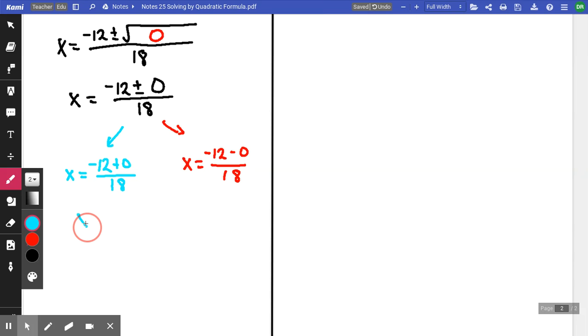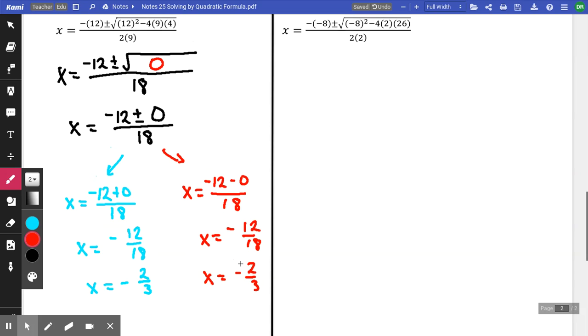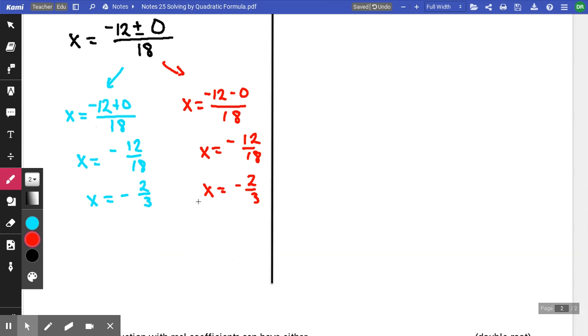What happens though is here we add 0 and get -12 over 18, which reduces to -2/3. And in this other setup, we have -12 minus 0, which still gives us -12 over 18, and that also reduces to -2/3. Now, I like showing this because we clearly see that we found two solutions.